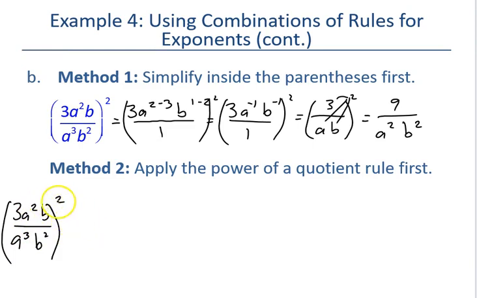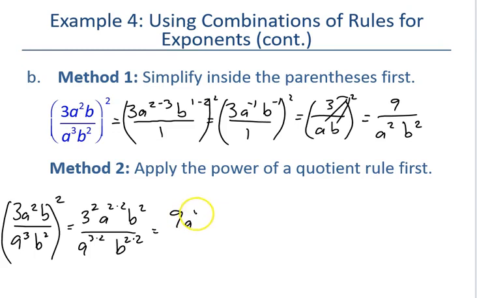I'm going to take this power of 2 and distribute it to everything in here first, which is going to give me 3 squared, a squared, the a squared times 2, and then b squared, all over a to the 3 times 2, and then b to the 2 times 2. When we simplify this, we're going to get 9 a to the 4th and b squared all over a to the 6th and then b to the 4th.